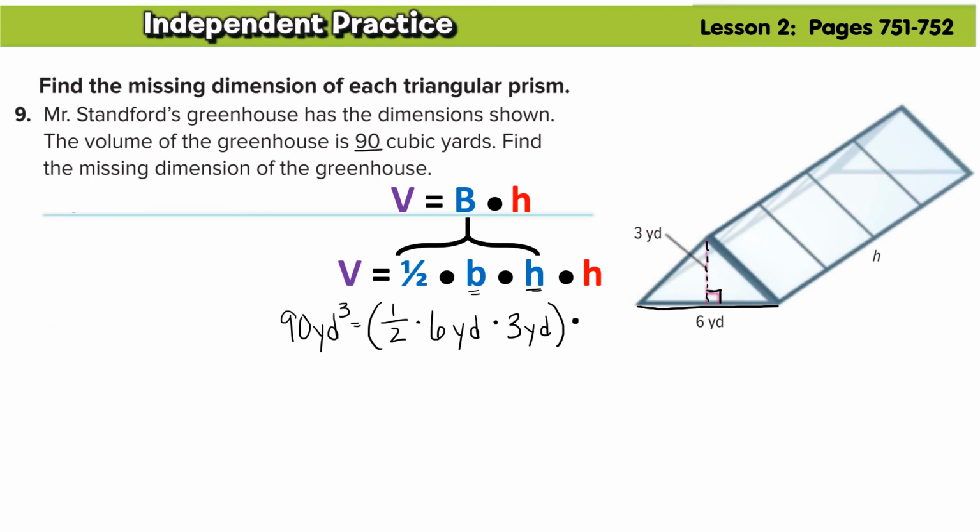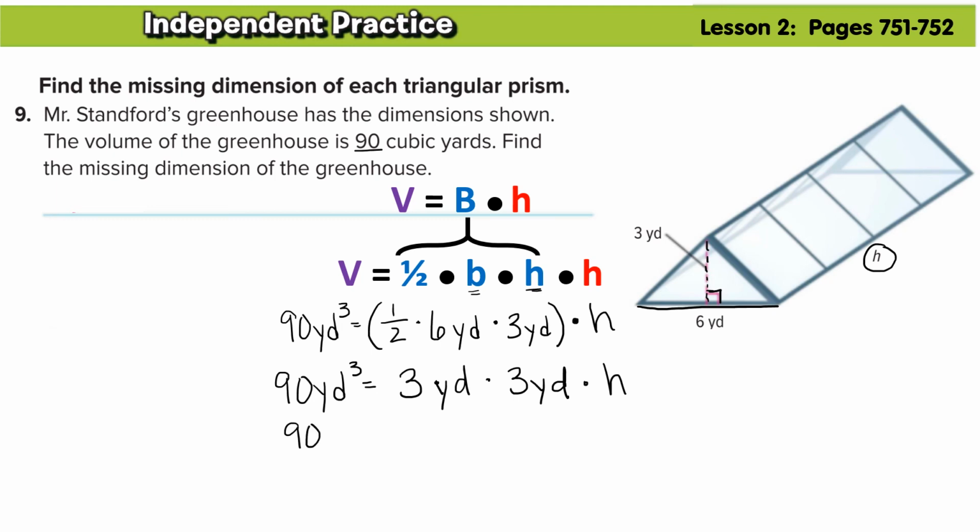And we are missing the actual height of the prism, and that's what we're solving for. So we have 90 yards cubed equals 1/2 of 6 is 3 yards times 3 yards times the height.